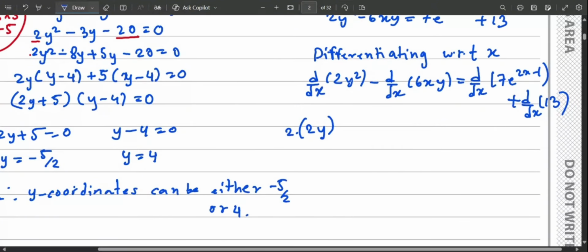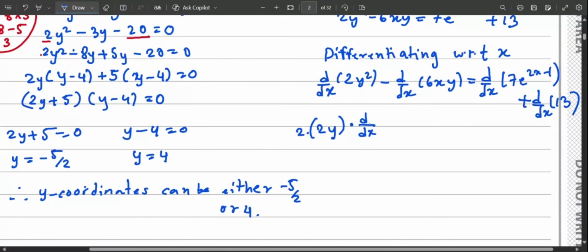So if y is a function of x, a function of x to the power of 2 is equal to 2y. And as we have assumed that y is a function of x, we need to differentiate our function y, and we have to multiply it with our answer.